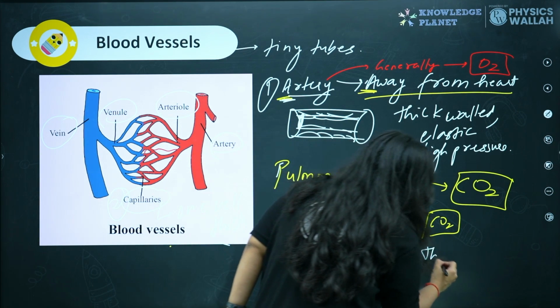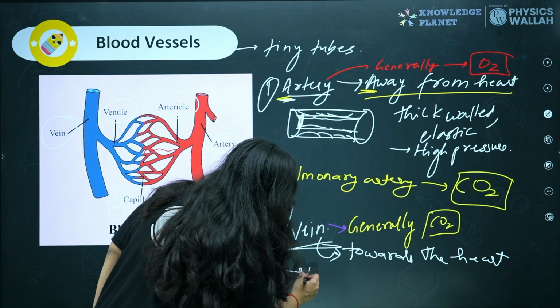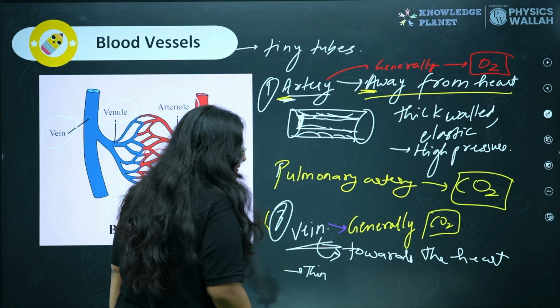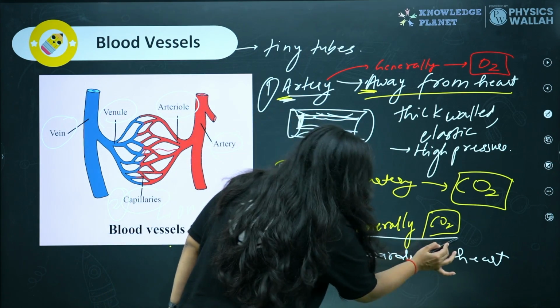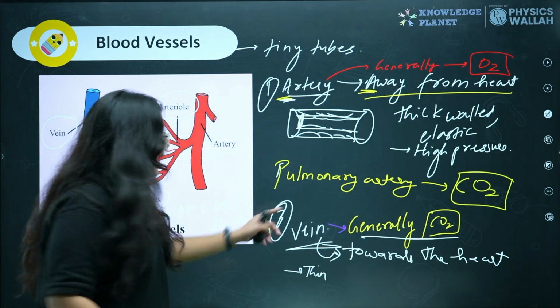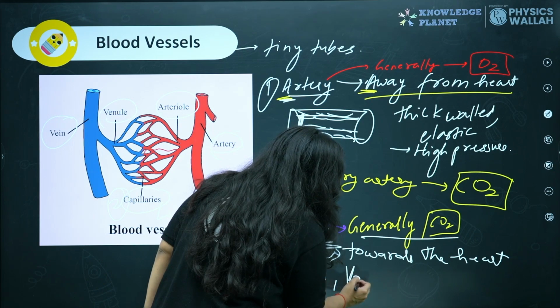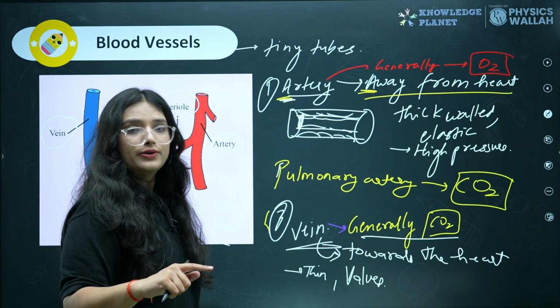They are thinner than the arteries and inelastic, and they generally carry carbon dioxide, or you can say deoxygenated blood. The vein also has valves to prevent the backflow of the blood.